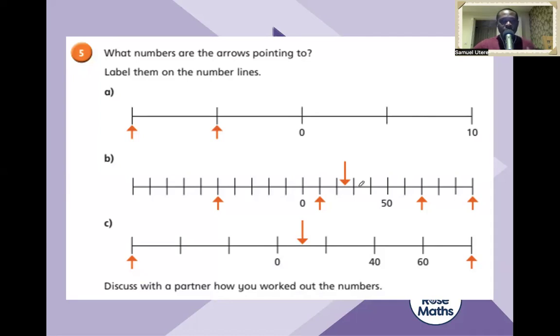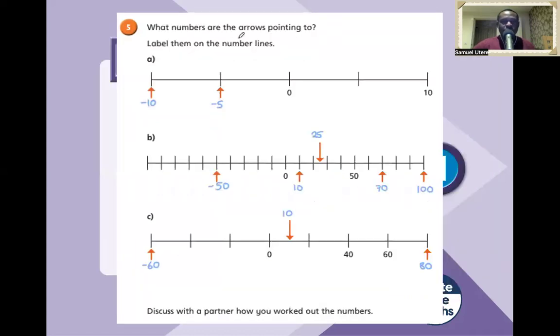Assuming you've paused the video and you've answered question 5, here are the answers. So here we were asked, which numbers are the arrows pointing to? Label them on the number lines. Here we can see between 0 and 10, the value is 10. We have two intervals. So we have this interval and we have this interval.